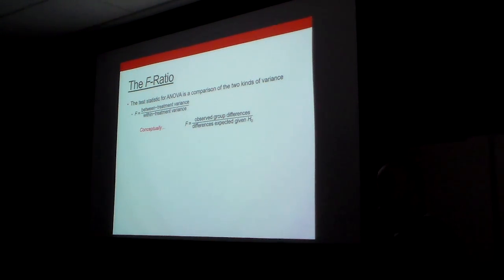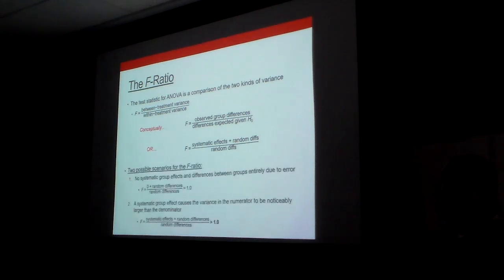In the denominator, the differences that I would expect just due to random variation, assuming that all of these groups are being drawn from populations with the same mean. We can also think about the numerator as some combination of systematic effects plus random noise, over the top of random noise.